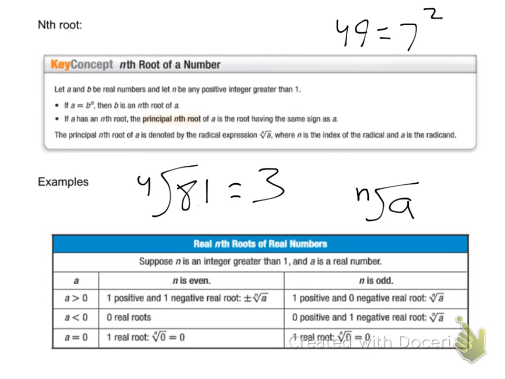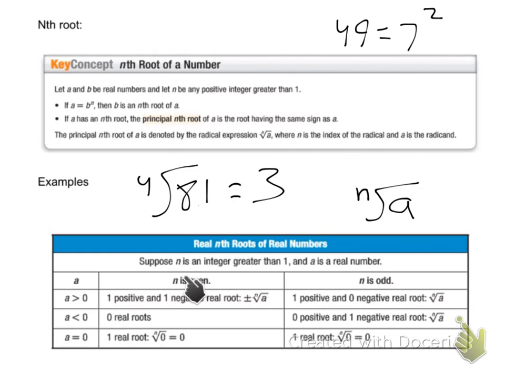Ooh, that's interesting. Okay, now we're going to move to the bottom row, which I think should just be a universal box between both of them. It says that I don't care if I'm taking an even or an odd root, any root of 0 is 0. 0 to any power is 0. And then I'm going to work my way back up to the top.